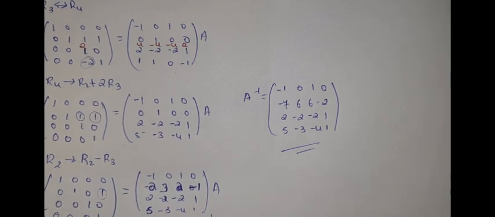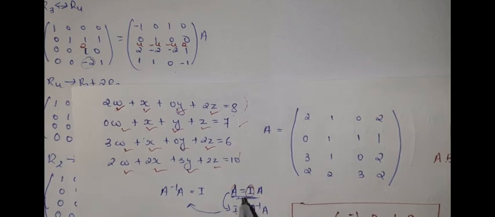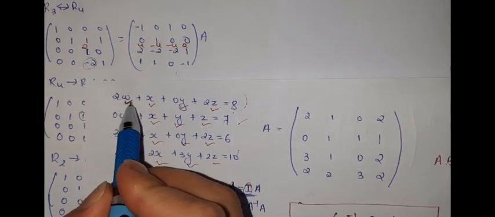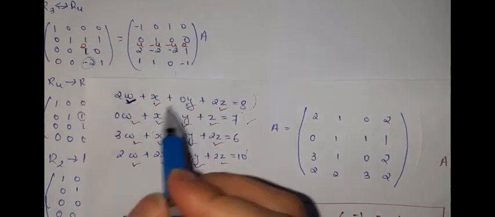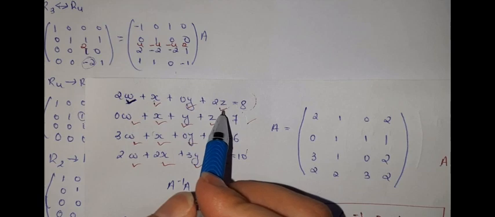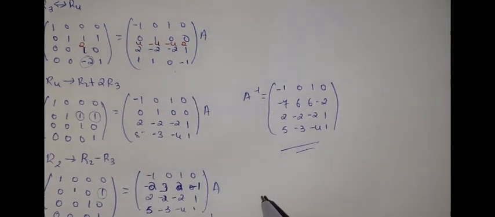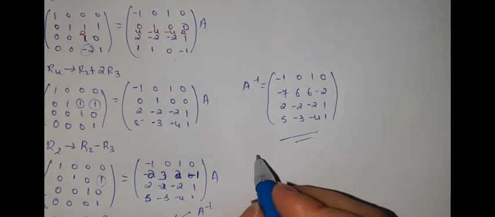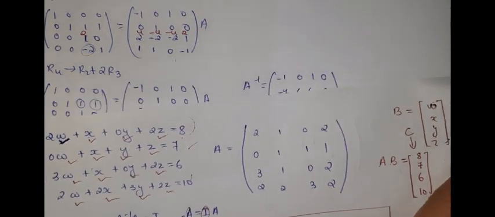So if we find A inverse, then I will show you first. You can see this value, which is unknown, w x y z. From here we can find the value of all these variables. How? We already got A inverse. Let me write this.